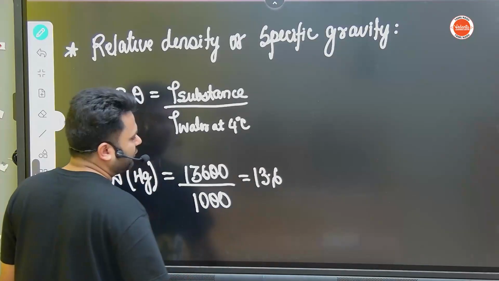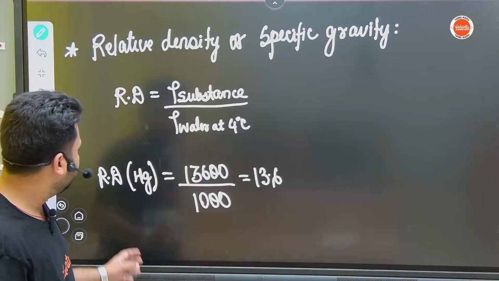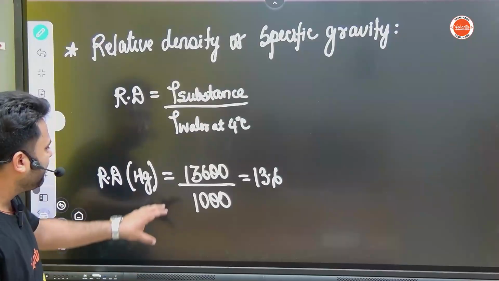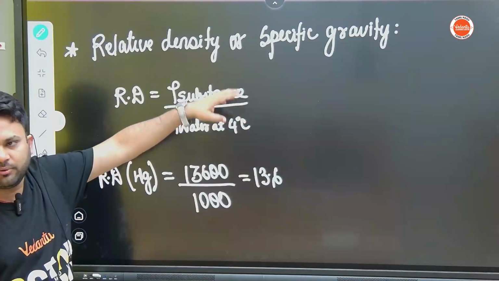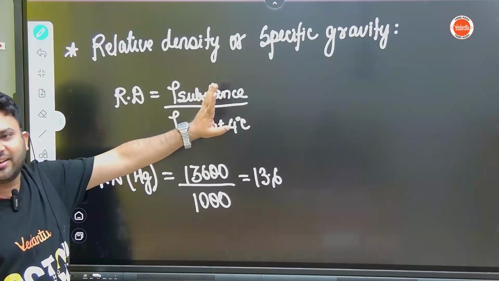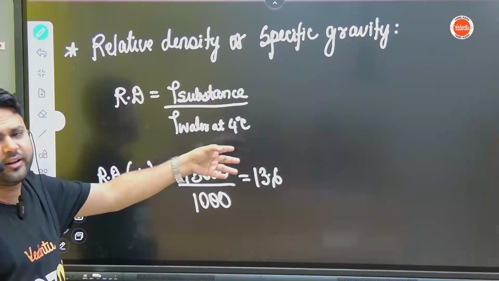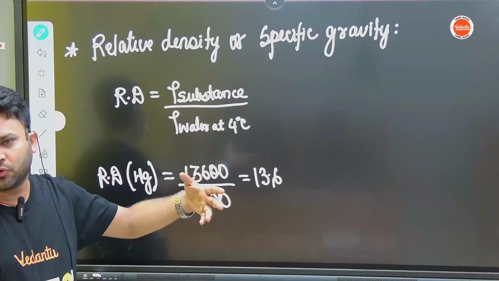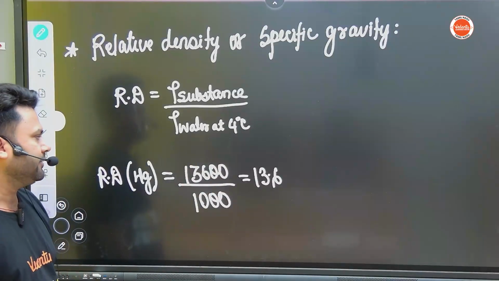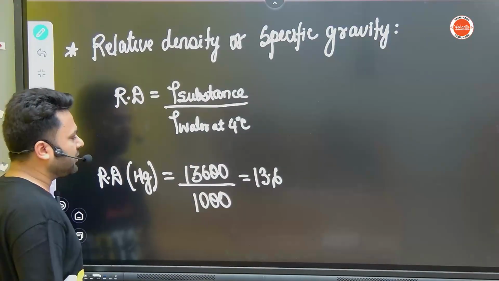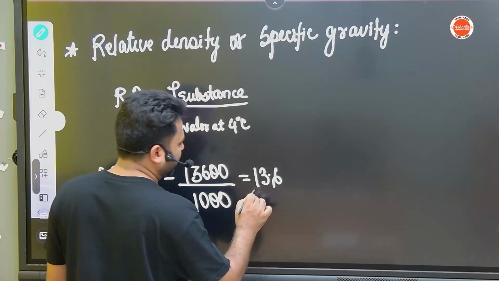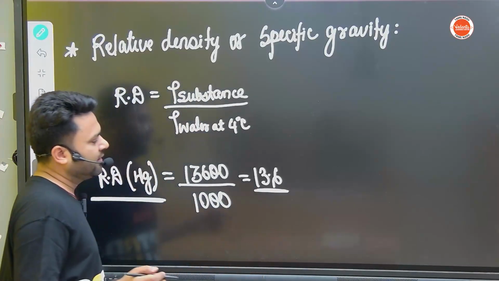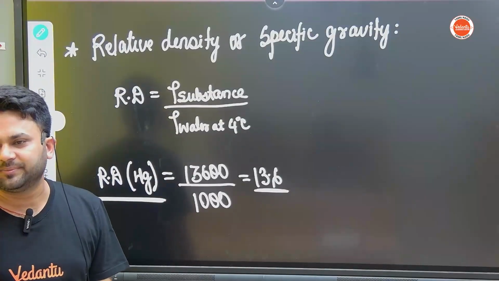13.6. Now one point to be noticed: relative density has no unit, because this is kg per meter cube and this is kg per meter cube, so it will be cancelled. It is basically a ratio, no dimension, no unit. One more thing you can observe is that the relative density of a substance is basically its density in gram per cc.